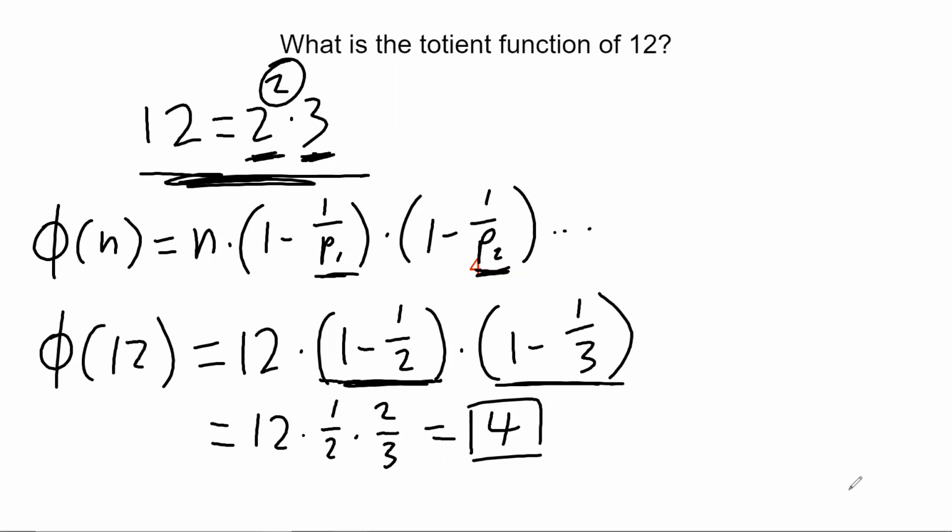In this case, we have 2 of them, and they are 2 and 3. So when you plug them into the formula for the Totient function, which is basically n times the product of 1 minus 1 over each prime factor, that would give you the phi function of n. So does anybody have any more questions?